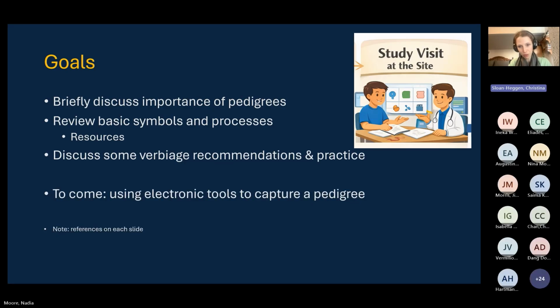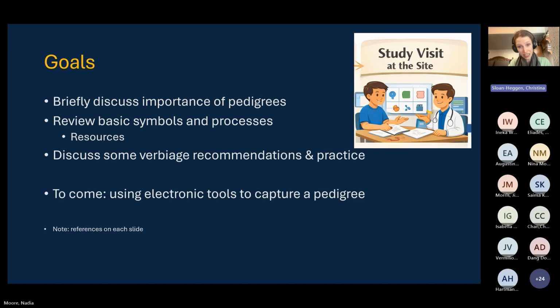Then I'll give you a live action example of how I draw a pedigree. Depending on how much time we have, I'll also discuss some of the verbiage that I try to use depending on what it seems like somebody's medical literacy is.